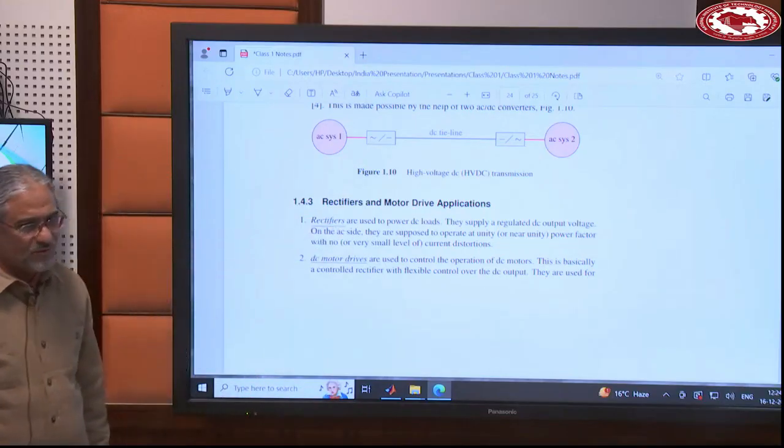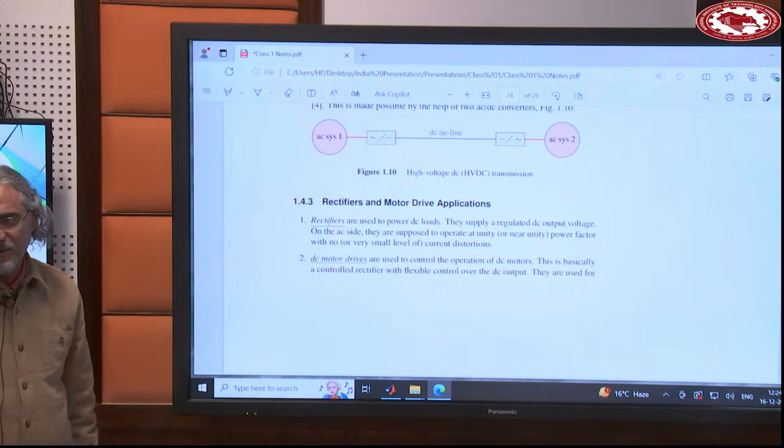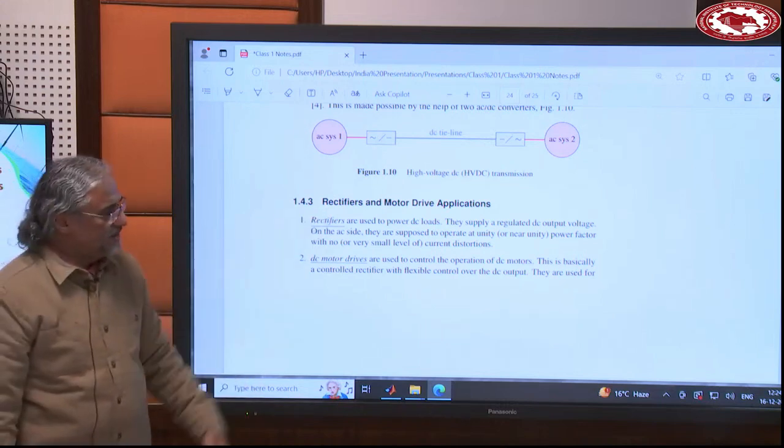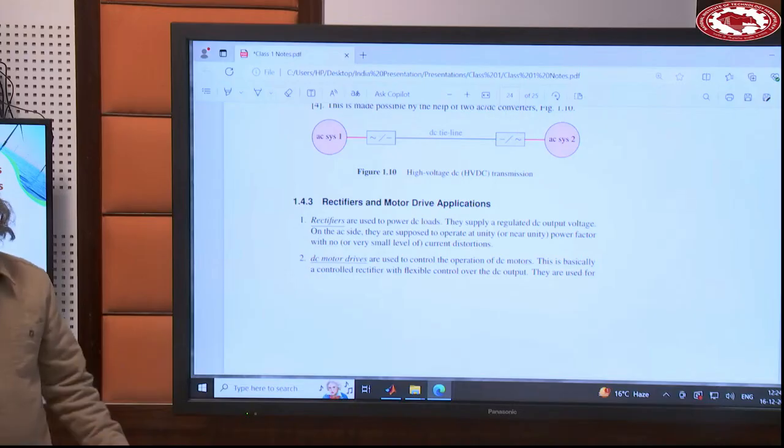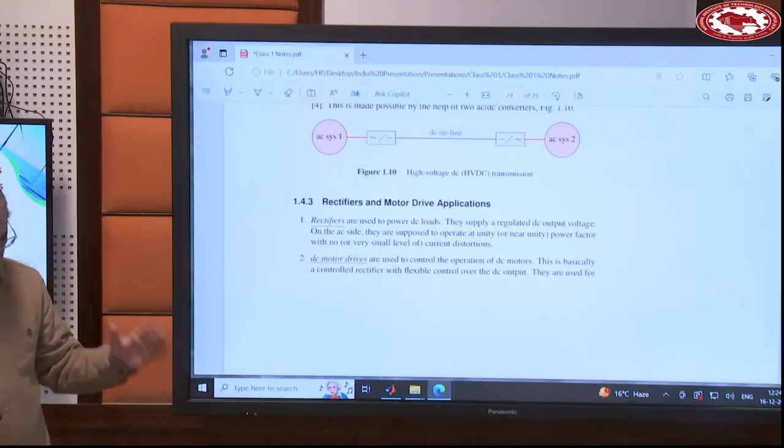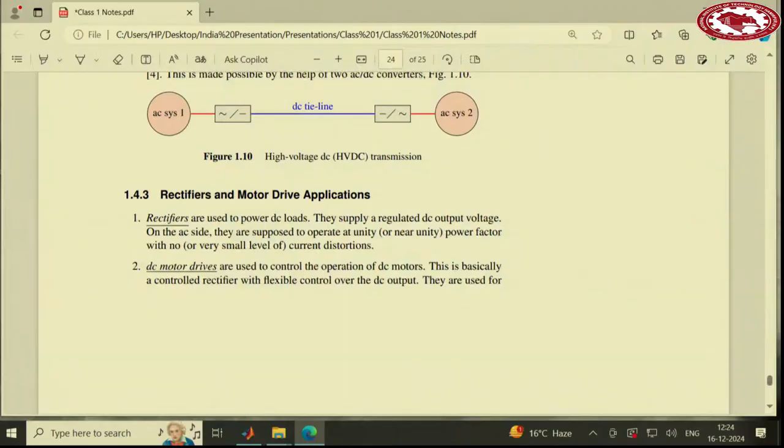If you want to control a DC motor connected to an AC power supply, you basically have a rectifier. Motor drive is basically another name for the same concept. Motor drives are all converters, but they are used specifically for controlling the operation of a motor in terms of either speed or angle, right? So in this context, it's called a motor drive.